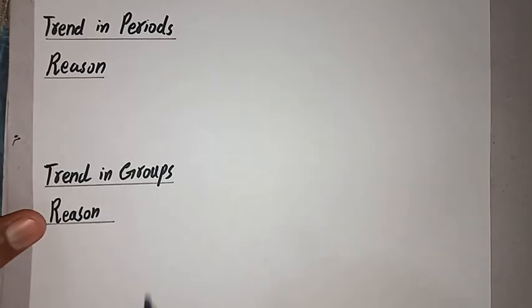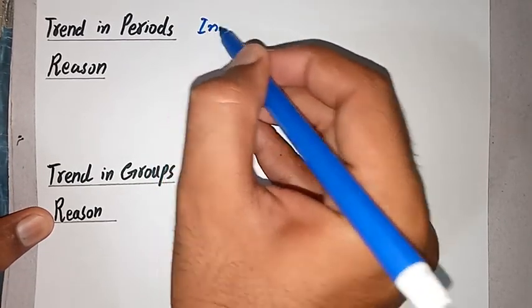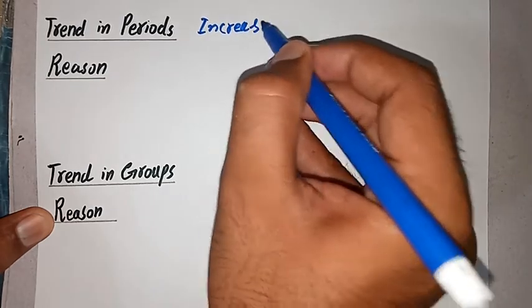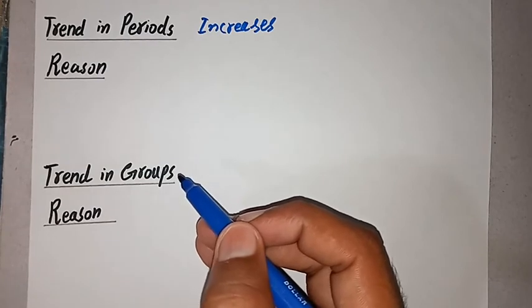Now we will discuss the trend of electron affinity in a period and group. First of all, the trend of electron affinity in a period. Like ionization energy, electron affinity also increases in a period. Why does it increase?